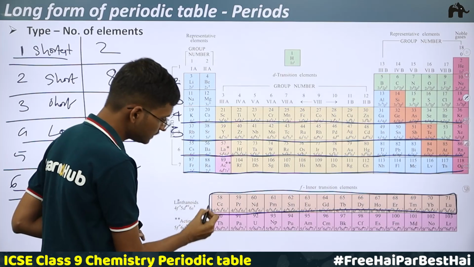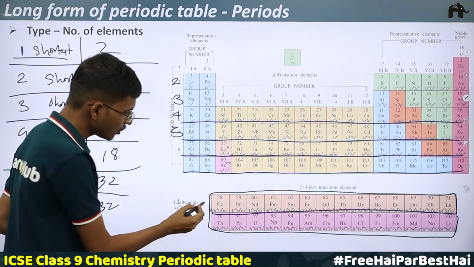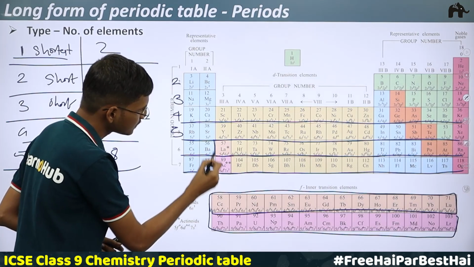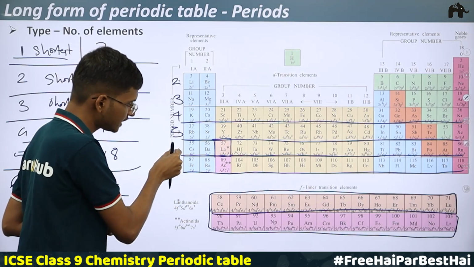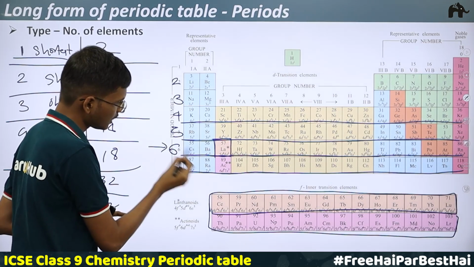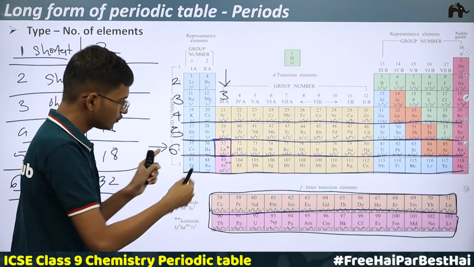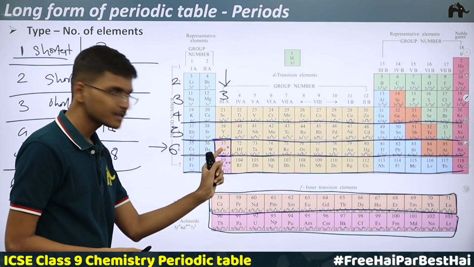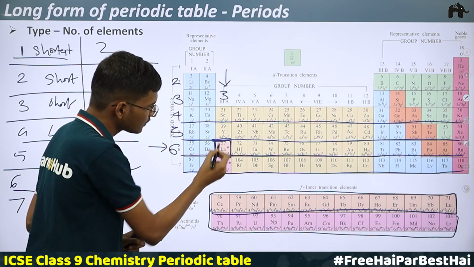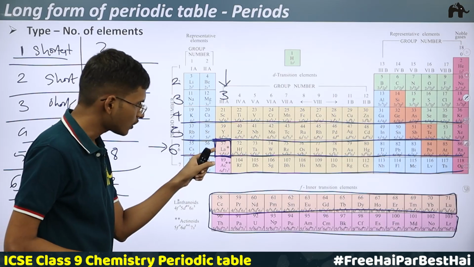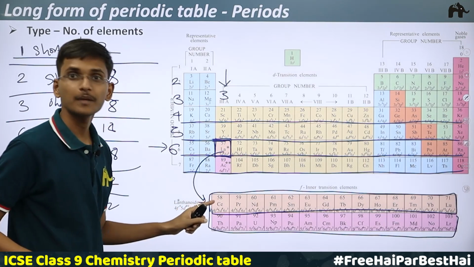Now these 2 rows of 14 elements belong to this position, the period number 6 and group number 3. So when we are in period number 6 and group number 3 at this position, along with this element, which is called lanthanum, there are another 14 elements present here.